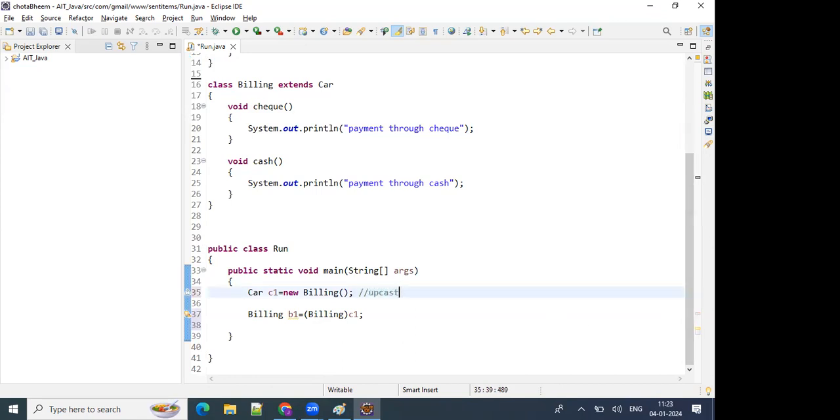Comment and write here. And this is called downcasting.